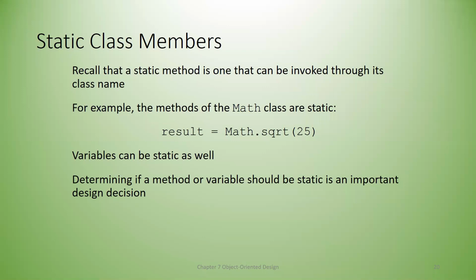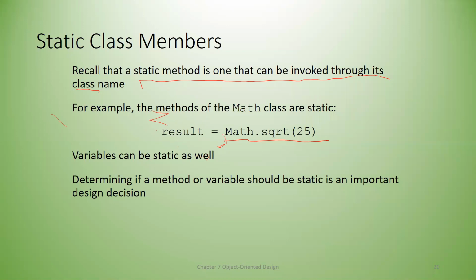You remember in chapter 3, we discussed static classes. A static method is one that can be invoked through its class name. You remember this, right? Math.sqrt. Remember we said, how do you invoke a method? You have to create an object and use that object as a handle to call the methods in that class, right?